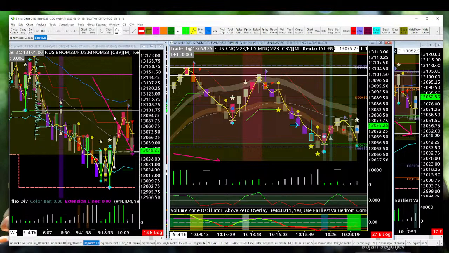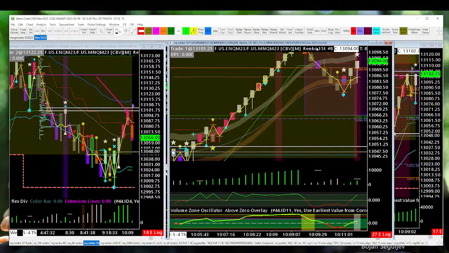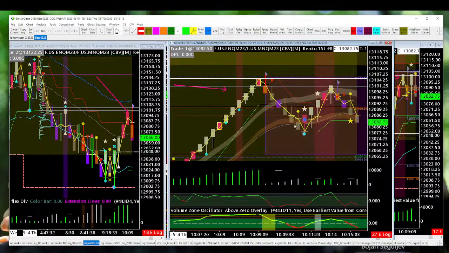It's a problem if you didn't know where to put your target. In this case I did, so it was okay, right? But sometimes it's not going to hit your target on the first try. It goes up there, then it stalls and needs a pullback, and then it goes again. That's not that unusual. You don't always get straight up. Sometimes you get this and then a higher high. Everyone has seen that.